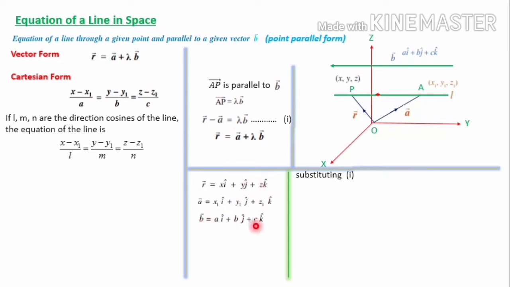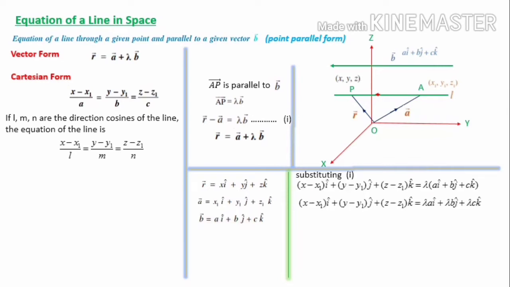On the right side, lambda into B, where B vector is given as AI plus BJ plus CK, so lambda into AI plus BJ plus CK.